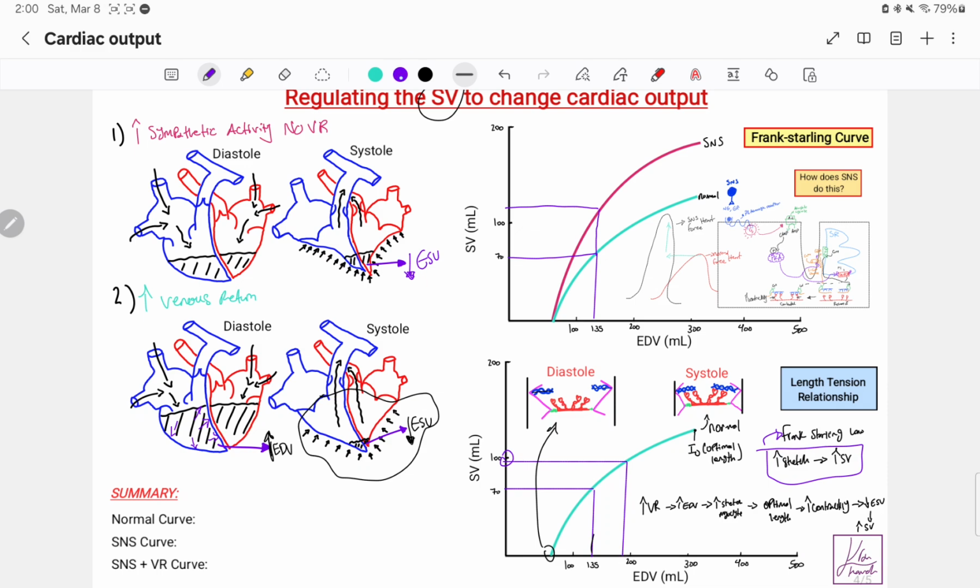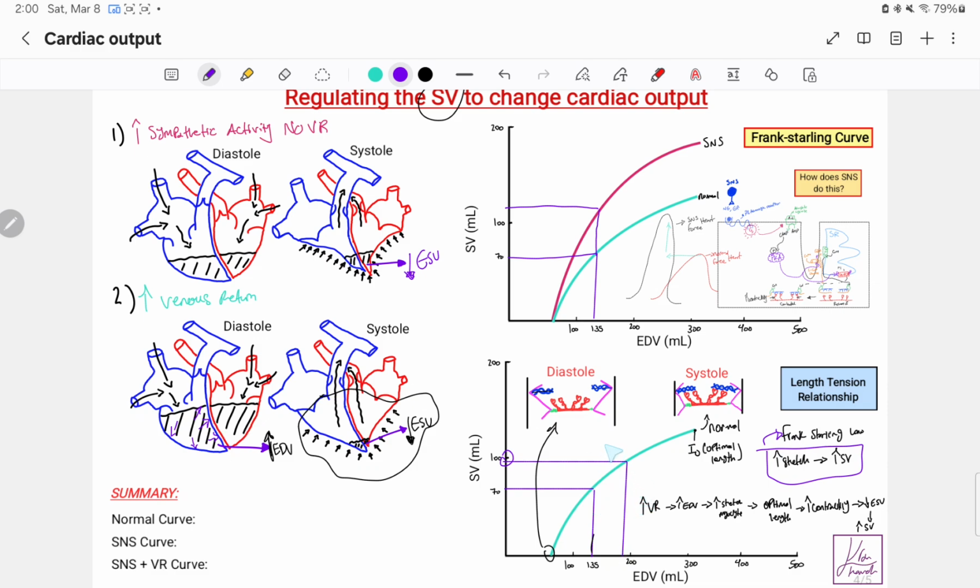Now, something I have to mention to you about sympathetic nervous system activity is that when these experiments were done, they were done in isolation. So they only measured sympathetic activity on the ventricle's ability to increase its contractility, and then they only measured venous return back to the heart.